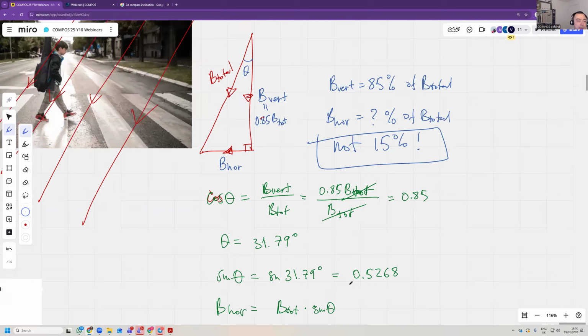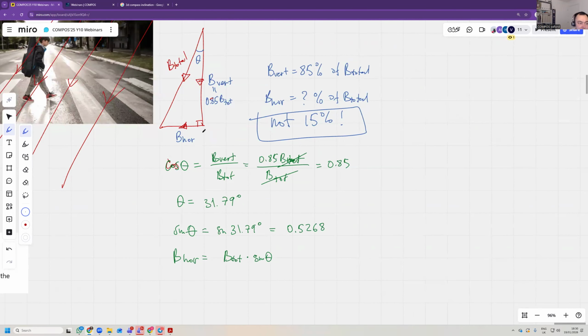If you look at this triangle, you will realize that it's the horizontal component. And this is 0.5268 of B total. So the horizontal component is actually 53% of total.